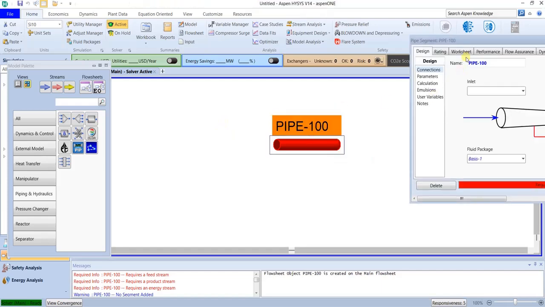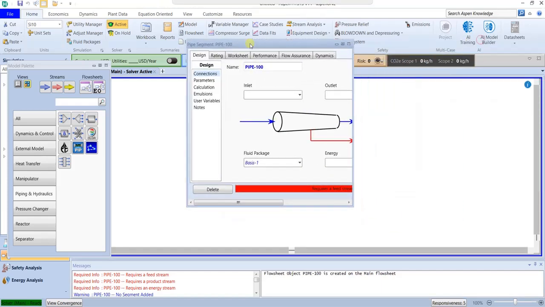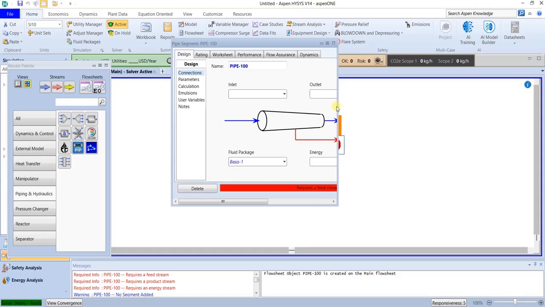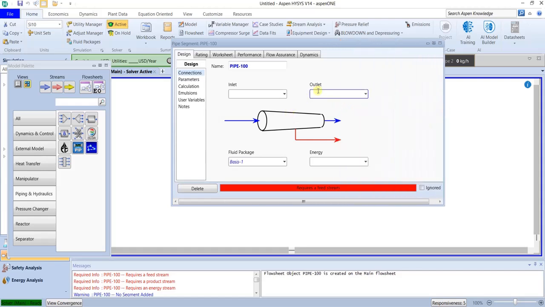Then we can add inlet and outlet streams. So we are just going to model one pipe since it's just an illustration.